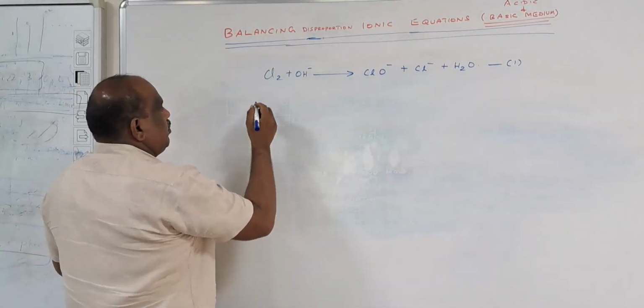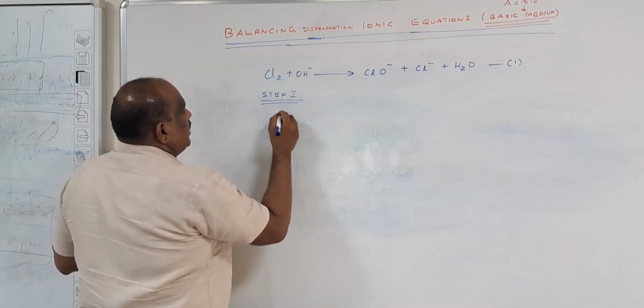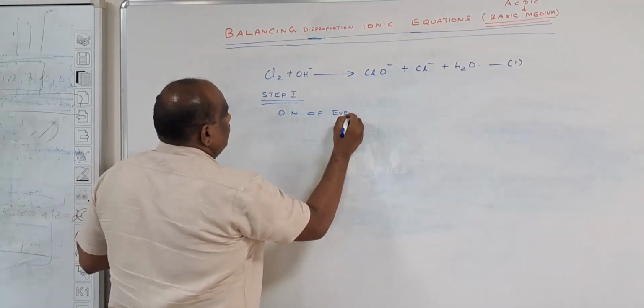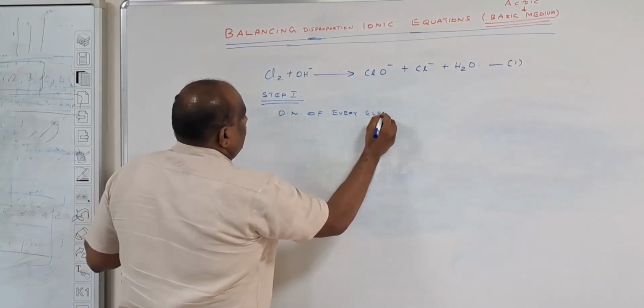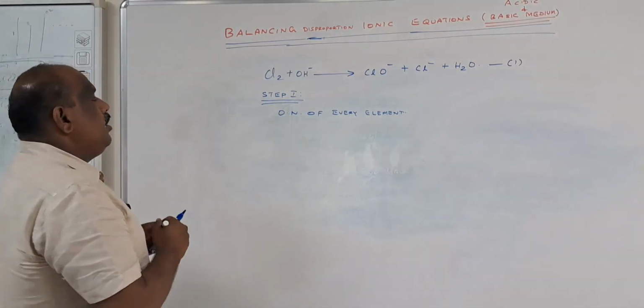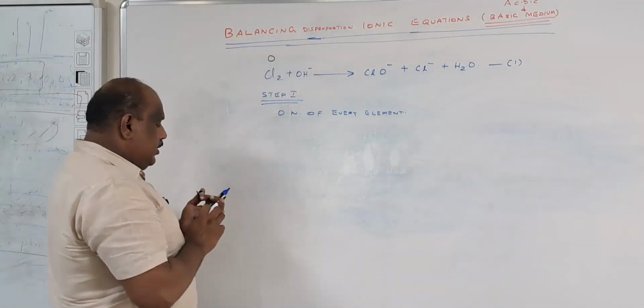Step 1 is the same. We want to find the oxidation number of every element. So we can see for a neutral element, the oxidation number is 0. What is meant by neutral element?